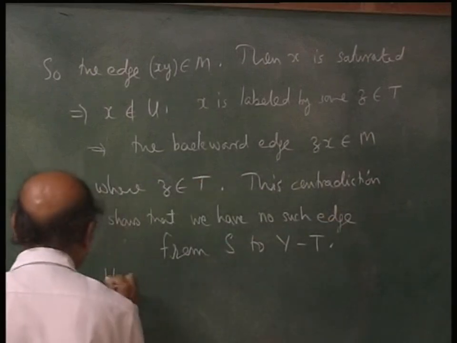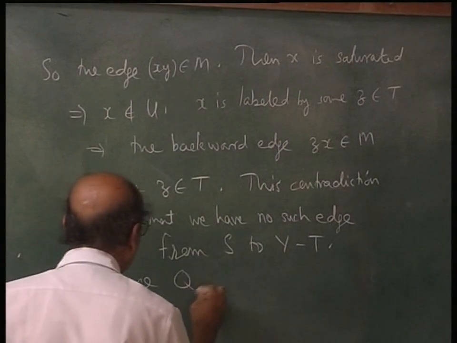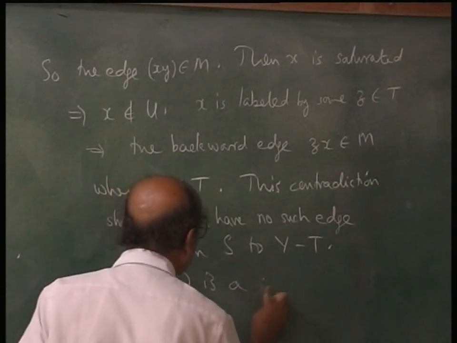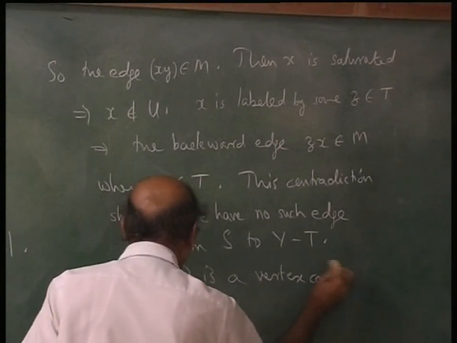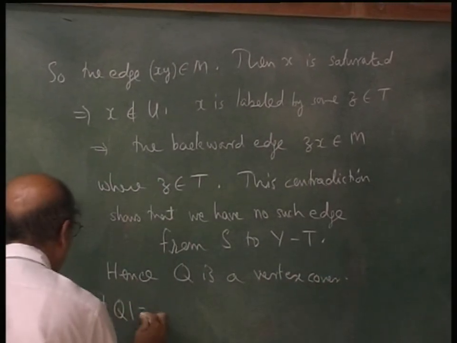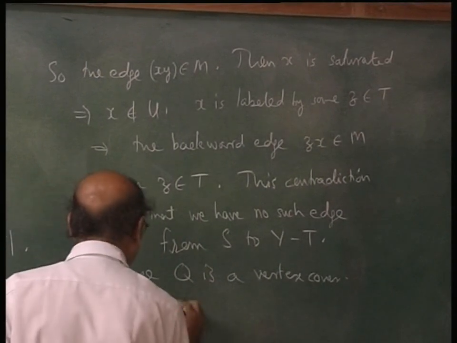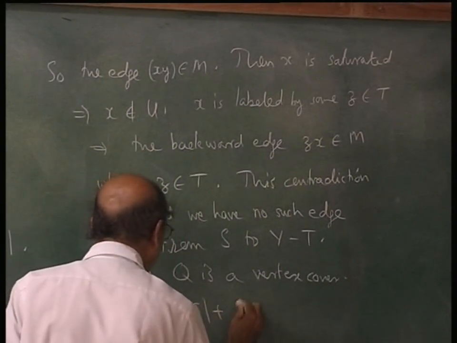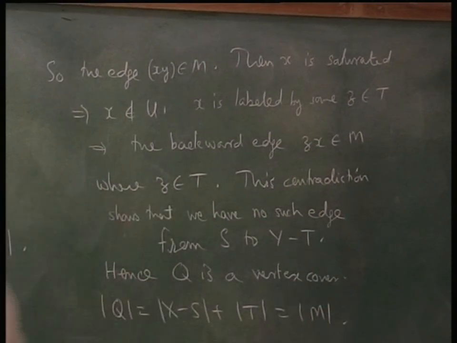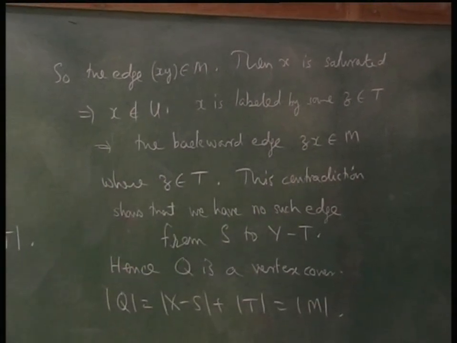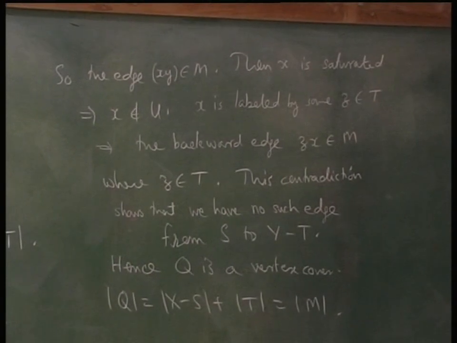Hence, Q is a cover. Also the size of Q, which is equal to size of X minus S plus the size of T, is same as size of M. Therefore, M is a maximum matching and Q is a minimum cover. Therefore, we are through.